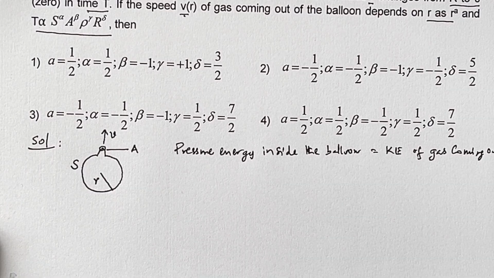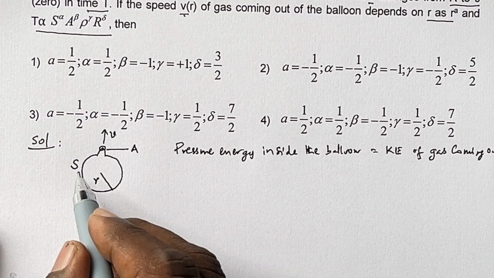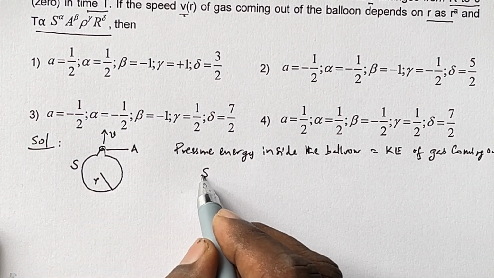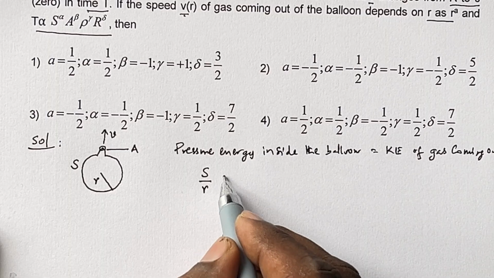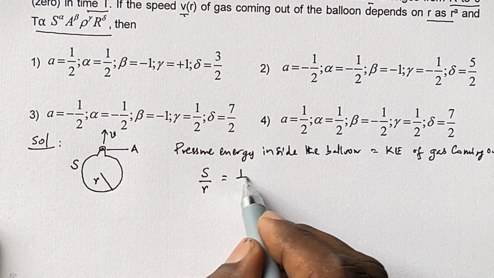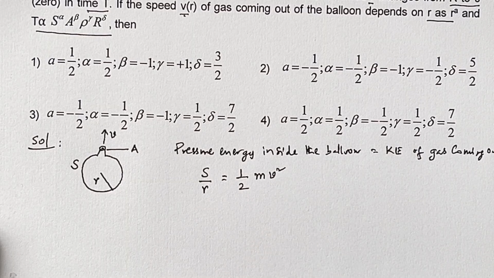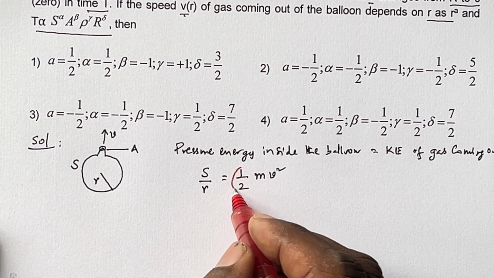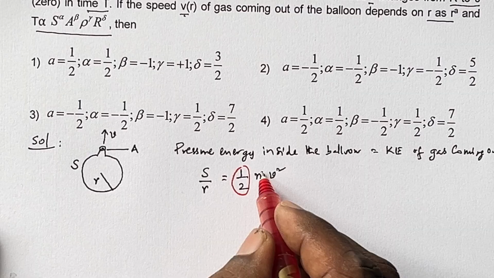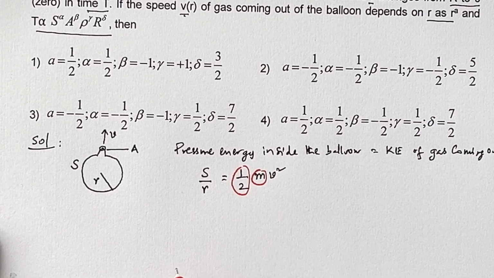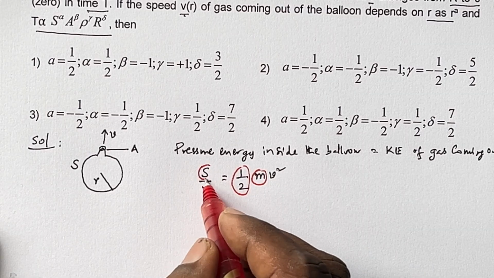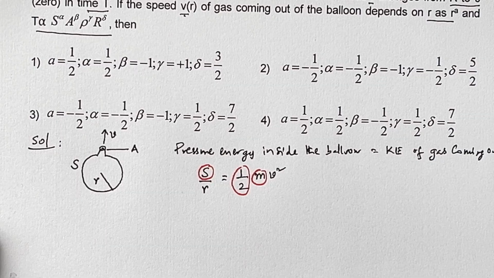right? So what is the pressure energy formula? Surface tension by radius of the balloon is equal to kinetic energy, half m v square. They asked proportionality, that's why half is a constant. We eliminate all the constants, and the mass of the gas is also constant and the surface tension of the material is also constant.